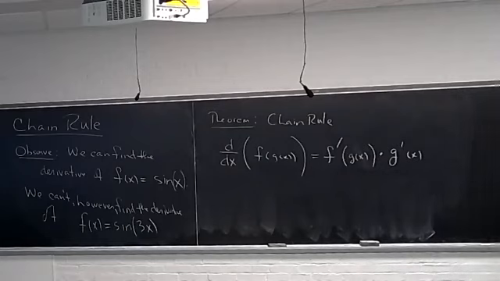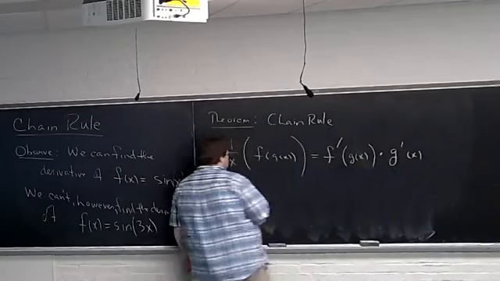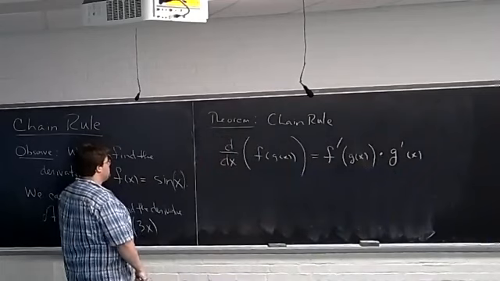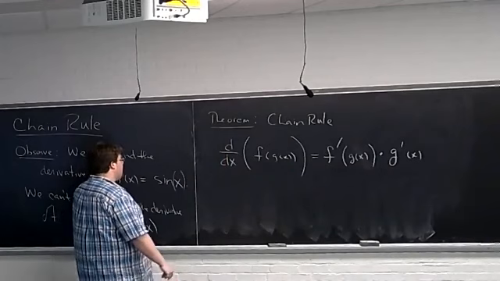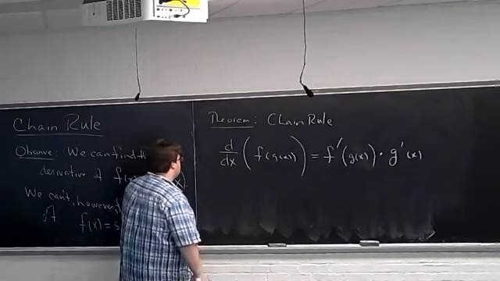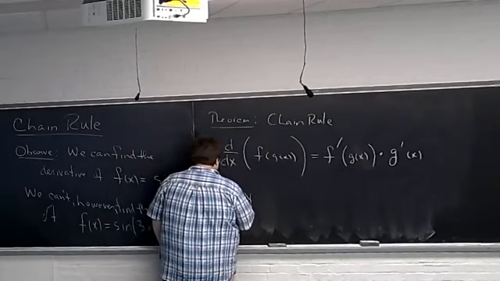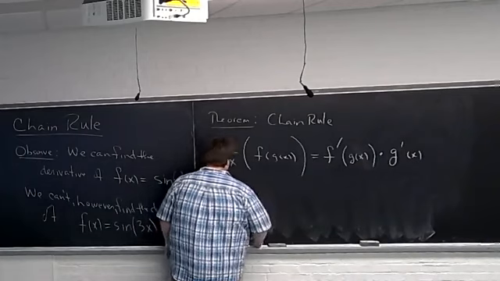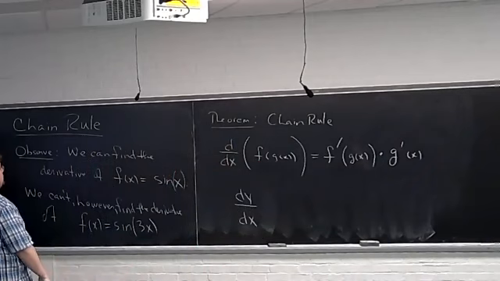Now, that equation has a lot of notation. It uses both of our derivative notations. It has two functions. It has large parentheses, medium parentheses, small parentheses. So that may not be the most useful form that the chain rule can take. And I believe it is not. This uses two of the derivative notations. The fractional derivative notation makes it much more clear what's going on with the chain rule.